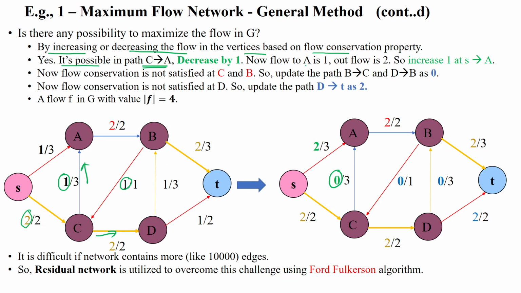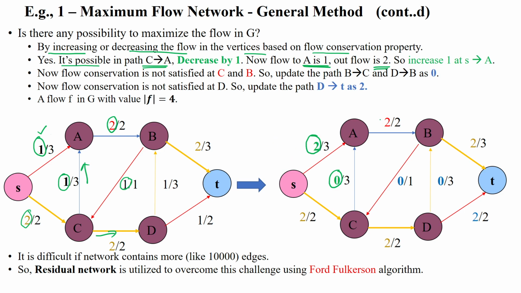So I make the flow to A as 1, so outflow is 2. Incoming flow is 1 but outgoing flow is 2, so I have to increase one flow. So now I am increasing 1 between S2A.